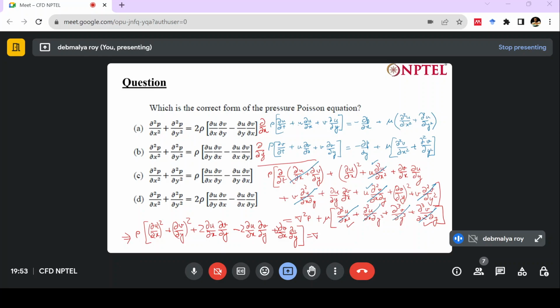Now you can see how this comes out. So you have this term, this equal to, you can take 2 common as well. Rho is already common.